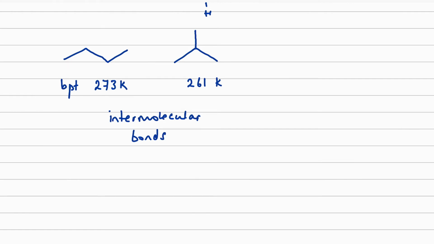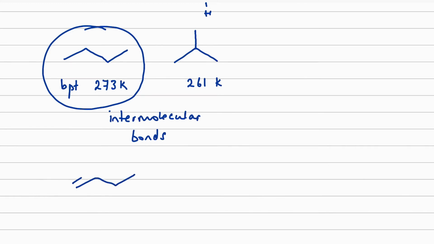However, it's quite clear that butane has got stronger intermolecular bonds because it has a higher boiling point. Quite often in an exam question, the question itself gives you the answer. Why might that be? Well, the reason is because molecules of butane can pack more closely together than molecules of 2-methylpropane, which means that the intermolecular bonding in butane is stronger.